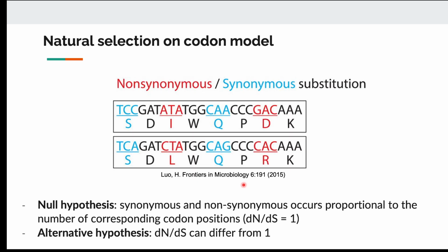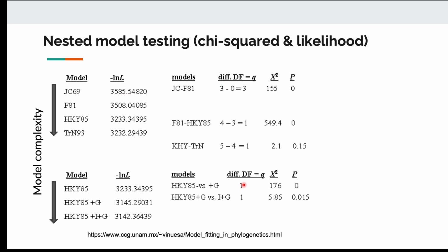So we mentioned before that we have multiple nucleotide substitution models. How do we know which one is good? In statistics, there is a concept called nested model testing. The idea of nested models is that you have multiple models that are increasing in complexity.